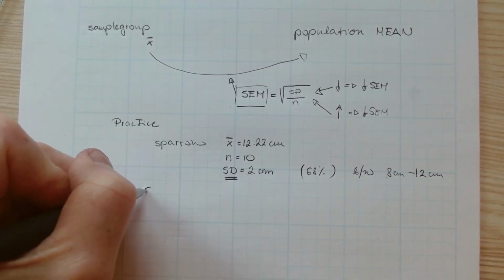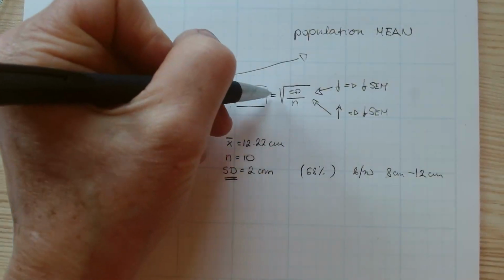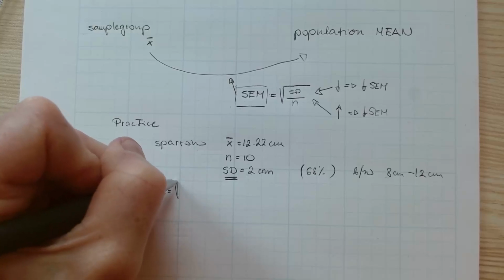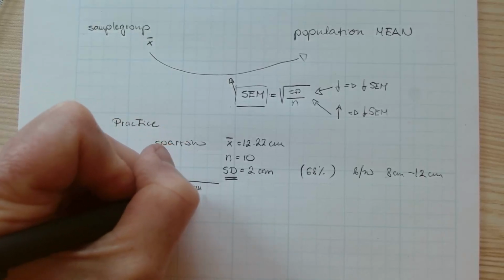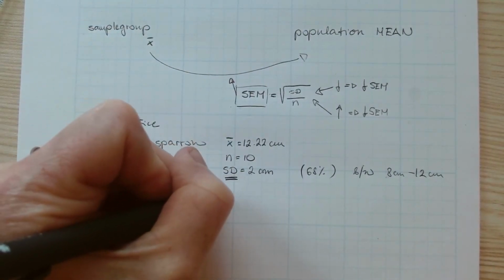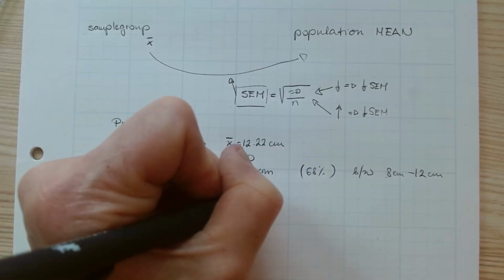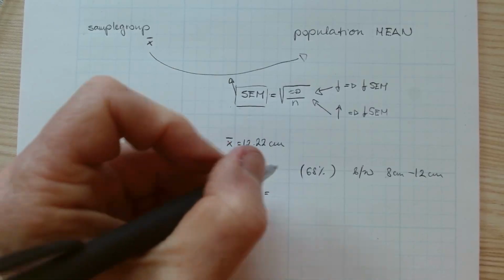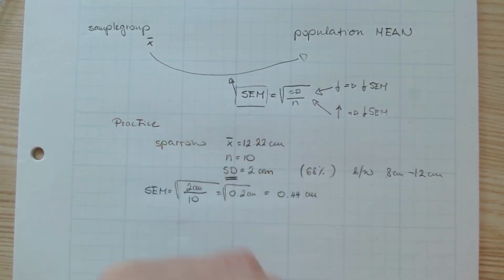Now the standard error of the mean, relating to the formula, equals 2 centimeters divided by the square root of the sample size 10, and this is going to be 0.2 centimeters, and if I take the square root of 0.2 it will be 0.44 centimeters.